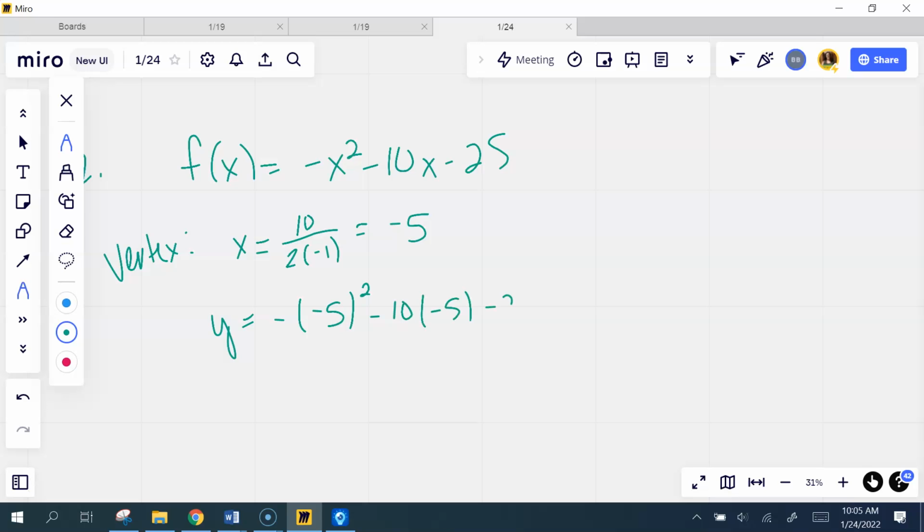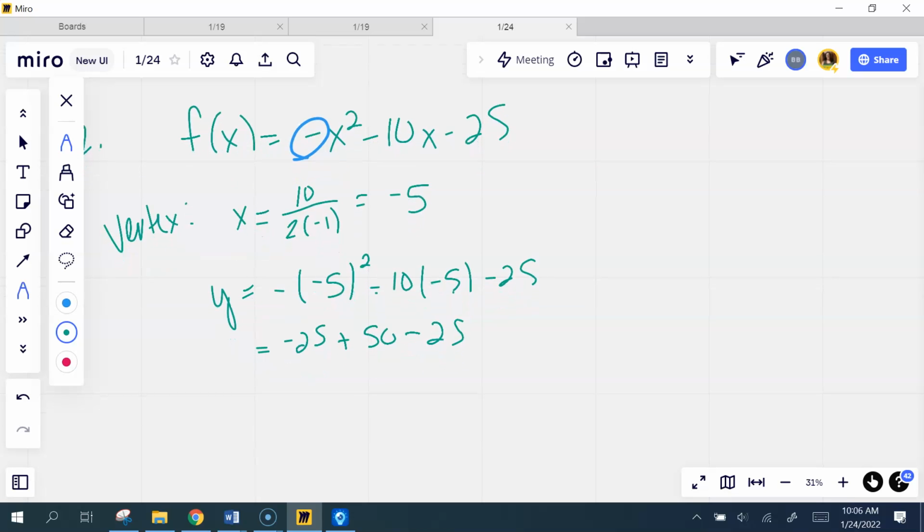When the sign in the front is negative to start with, that negative in front of the x squared causes it to always be negative no matter what you plug in. The squared's going to make the negative 5 positive, but then that negative in front's going to take over. So this is going to be negative 25. Then I've got a negative and a negative, plus 50 minus 25, which is going to be 0. So that vertex is negative 5, 0.